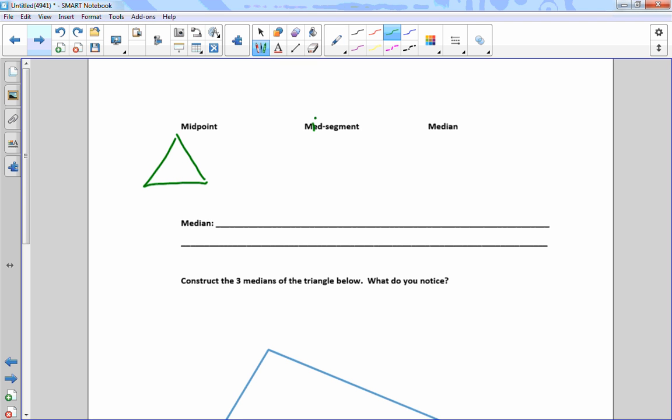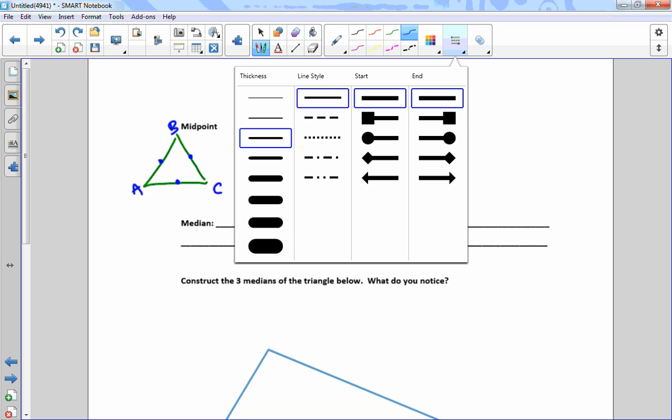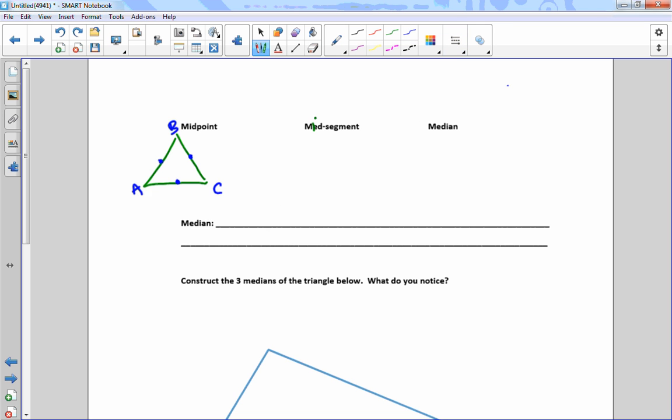If I have a triangle, where are the midpoints? Where would the midpoint on this triangle be? Yeah, in the very middle of each side. Okay, what are the midpoints? What is the mid-segment on a triangle?